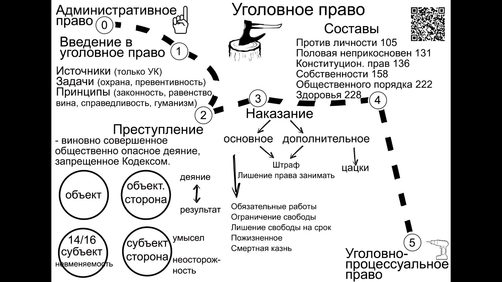Many norms of the Criminal Code of the Russian Federation have blank dispositions, that is, they refer to sources of other branches of law, for example, violations of labor protection rules or traffic regulation that cause serious consequences.